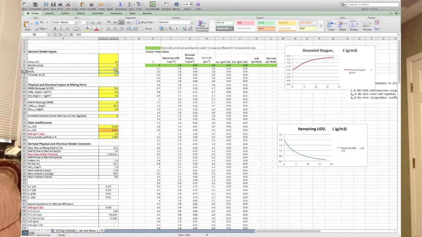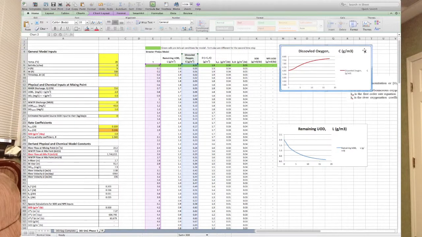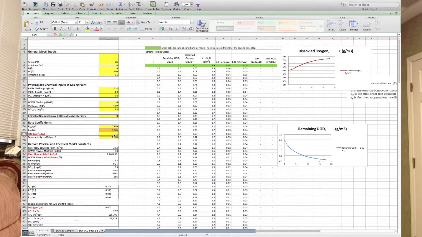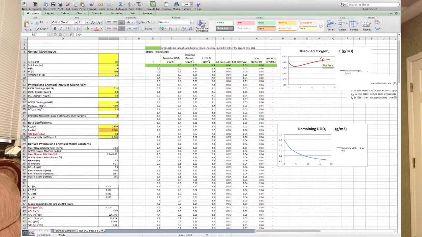So we're going to have our river depth at 9. I've just set it there mainly so that this DO curve can look elegant. Right now I have no sediment oxygen demand. If I do add sediment oxygen demand, you get this relatively elegant curve over here.